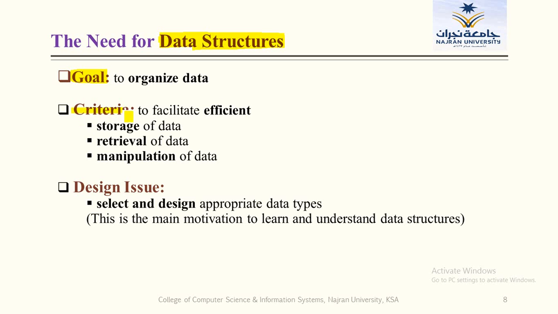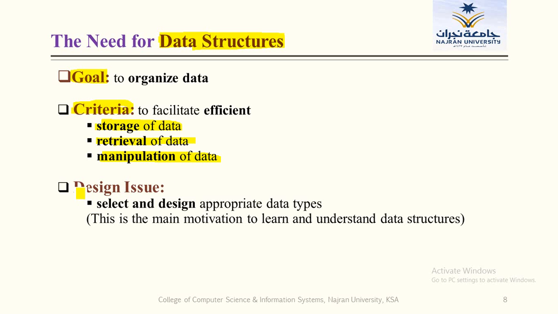And why do we organize data? Because there are 3 main advantages: to facilitate efficient storage of data, efficient retrieval of data, and efficient manipulation of data. So if we choose some data structure to organize our data, it will facilitate efficient storage, retrieval, and manipulation of data.